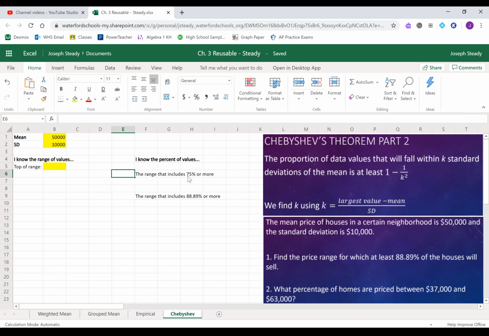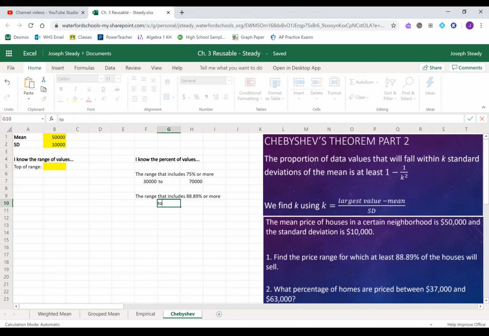So for Chebyshev, we know that the range that includes 75% or more of the data is from the mean minus 2 times standard deviation all the way up to the mean plus 2 times the standard deviation. So there's our range of values that includes 75% of the data or more.